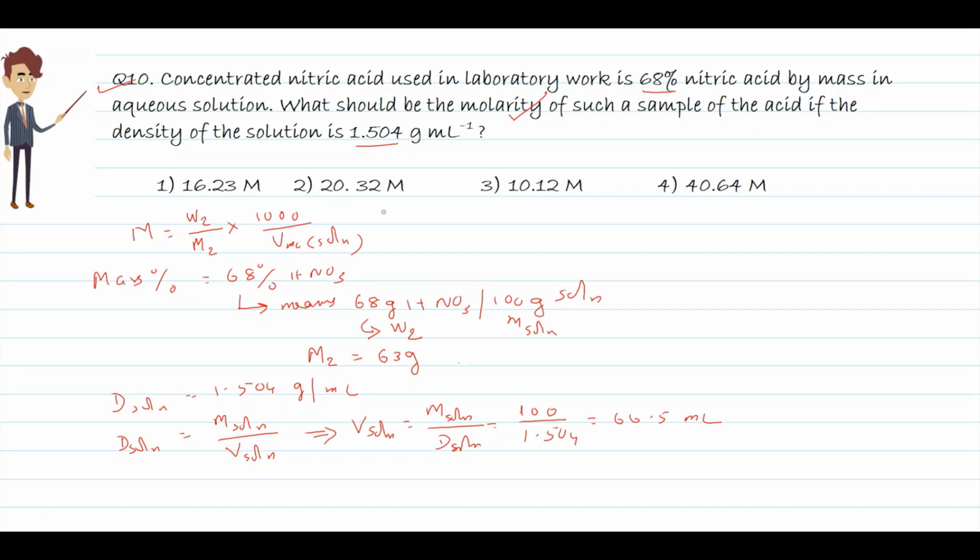Then we can substitute all these values in molarity expression. W2 68 grams, M2 63 grams into 1000 by V ml, V ml we have 66.5. On solving this, we get the result 16.23 molar. So correct option is option 1.